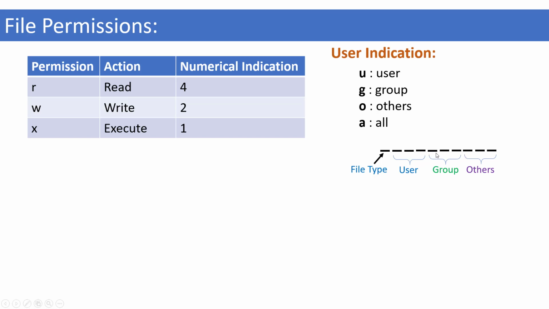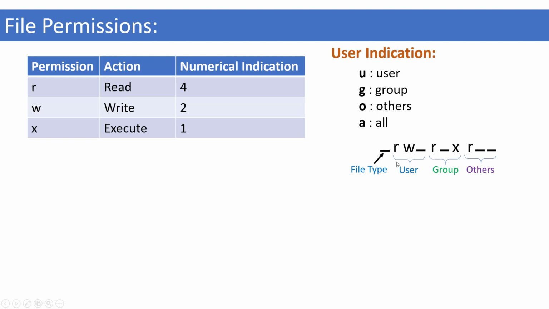Read, write, execute. For group also read, write, execute. For others also read, write, execute. Suppose we see something like this in the permissions section. If there is nothing in the first field, it means it is a file, a text file or executable file. Next, in the user section we can observe RW, which means read and write.